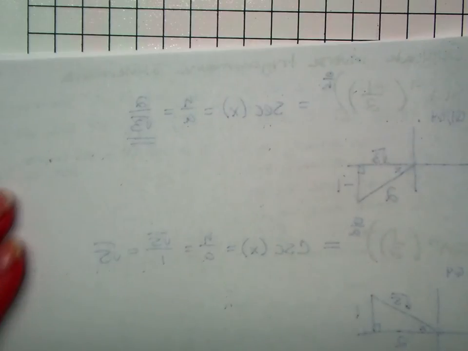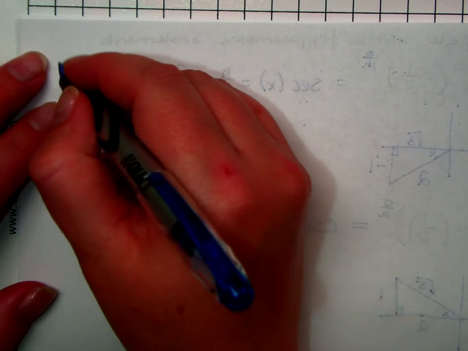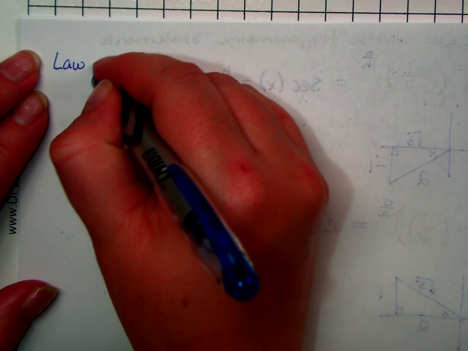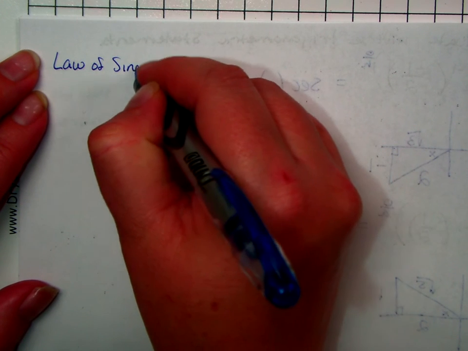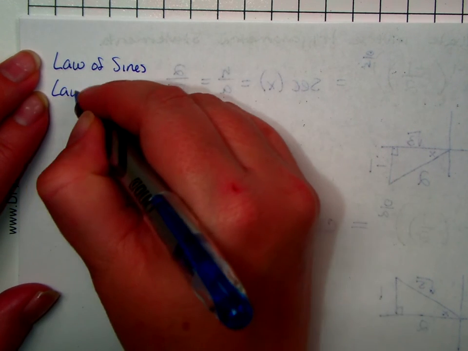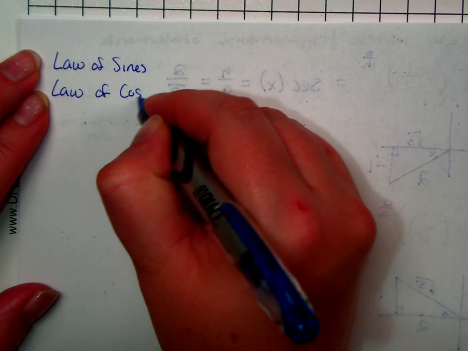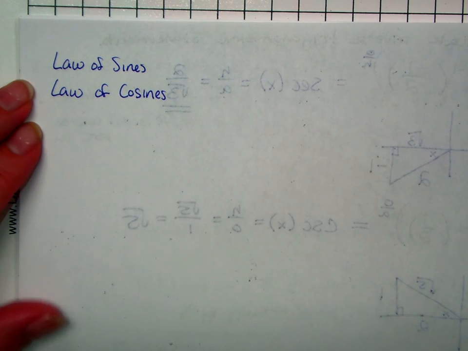All right. So that's kind of all I have on that review packet. But I do want to remind you, we did cover law of sines and law of cosines, and I know there is one question over law of sines and law of cosines.